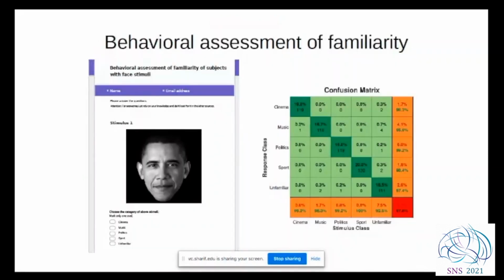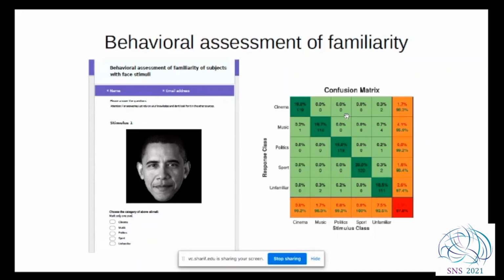We made sure that our subjects can recognize these faces. So we had a questionnaire. We assessed their behavioral performance. So we asked the subjects to say whether this face belongs to the cinema, music, politics, sport, or unfamiliar group.